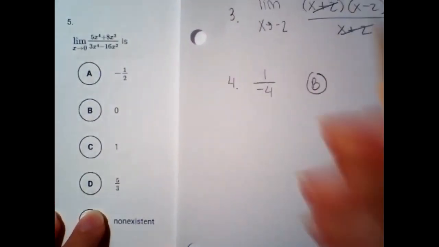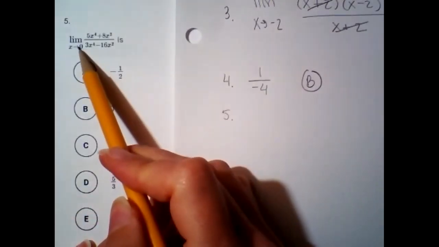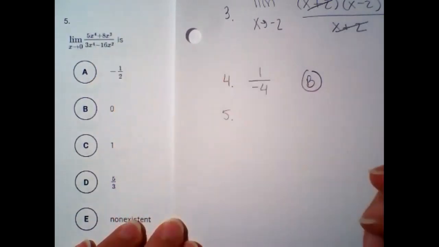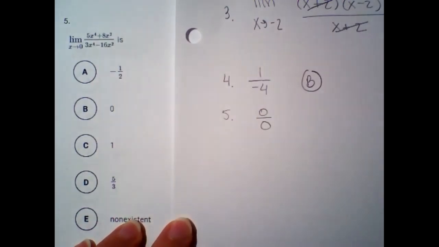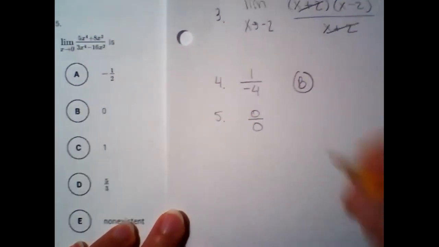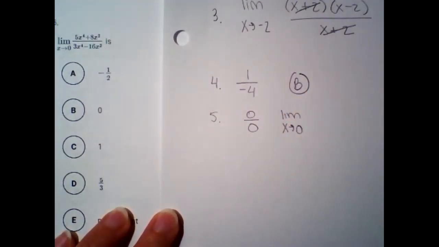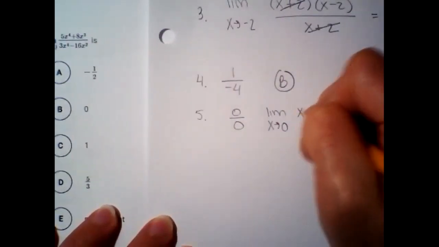All right, so 5 is another one, limit going to infinity. Or no, I'm sorry, that's not infinity at all, it's 0. Let's try to plug in 0 then. If you plug in 0, you're going to get 0 over 0, which is indeterminate. So that means that there is a hole. We're going to have to get something to cancel out, so I'm going to have to do some algebra. Out of the numerator, I can factor an x squared.